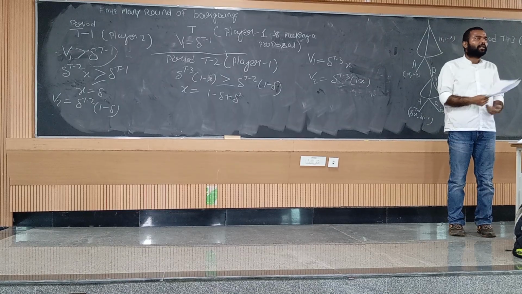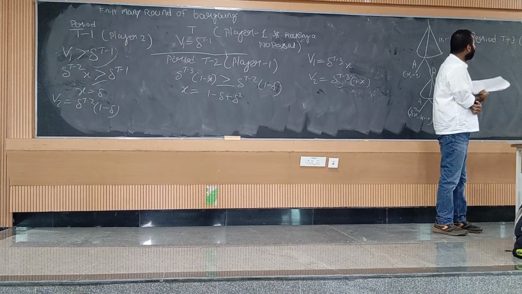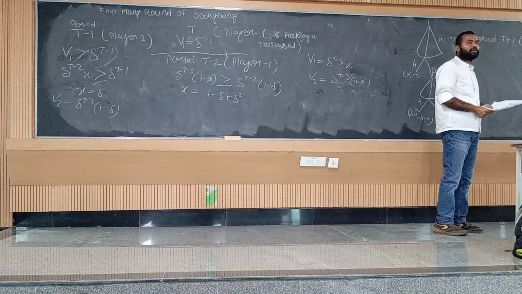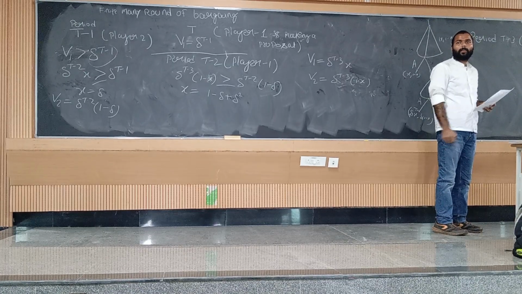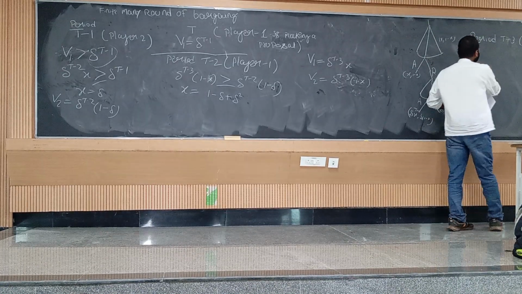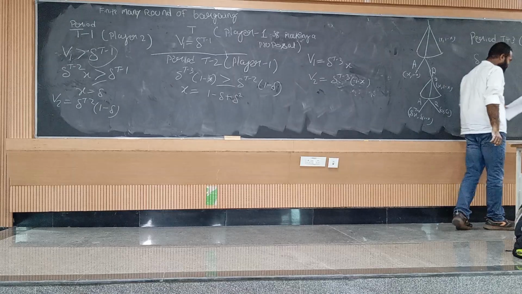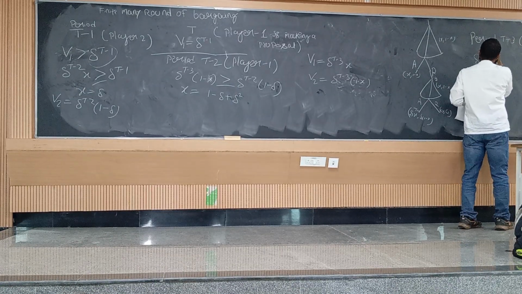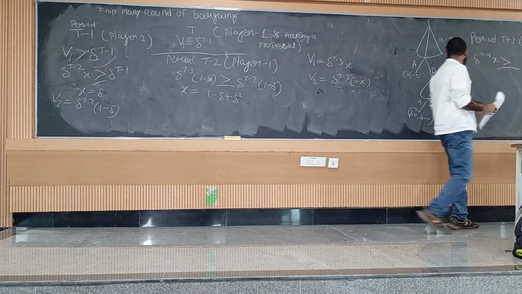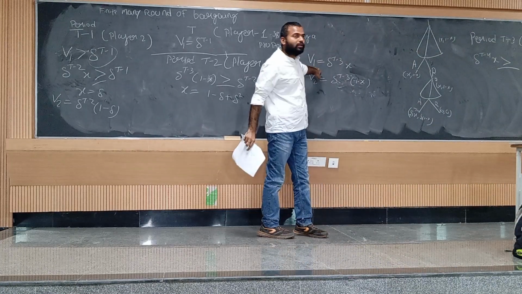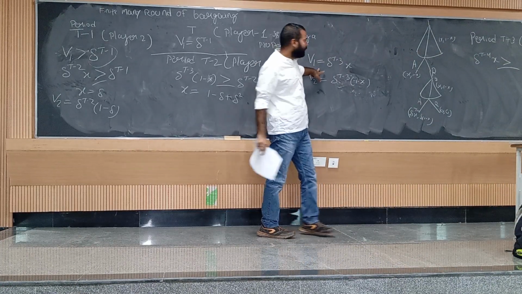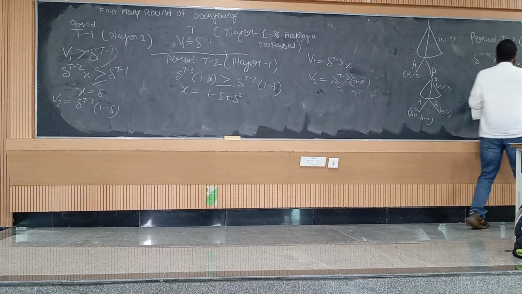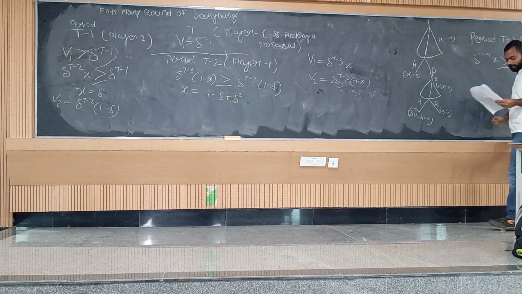What should be the strategy of player 2 in period t minus 3 when he's making the proposal? Can somebody? Player 1 shouldn't reject. Okay. What should be the payoff in that case? In that case, the payoff should be greater than or equal to the payoff that he can get here. Okay. So what did you get?